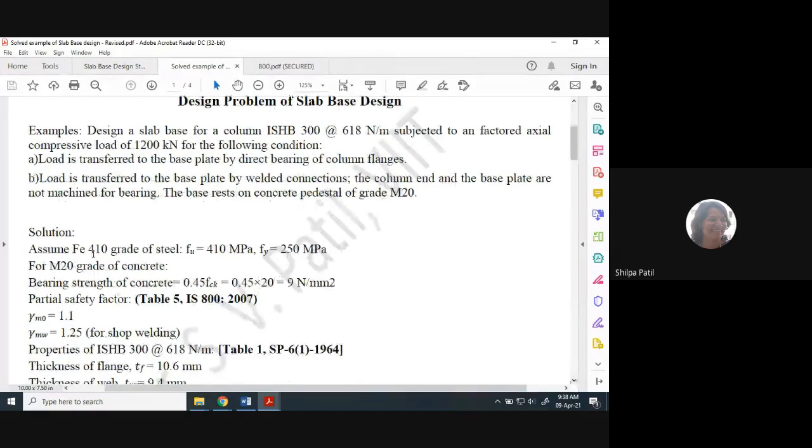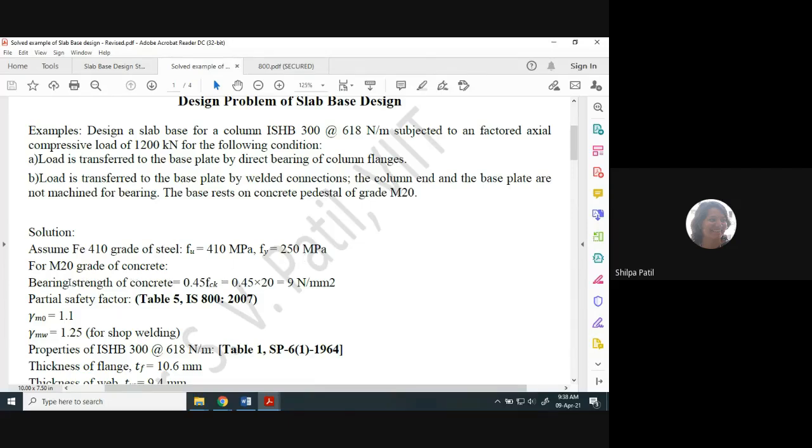The grade of the steel is assumed here as Fe410. It is not mentioned at all in the problem statement, so when it is not given, you have to take the grade of the steel as Fe410. For this Fe410, the fu value is 410 and fy value is 250 megapascal.